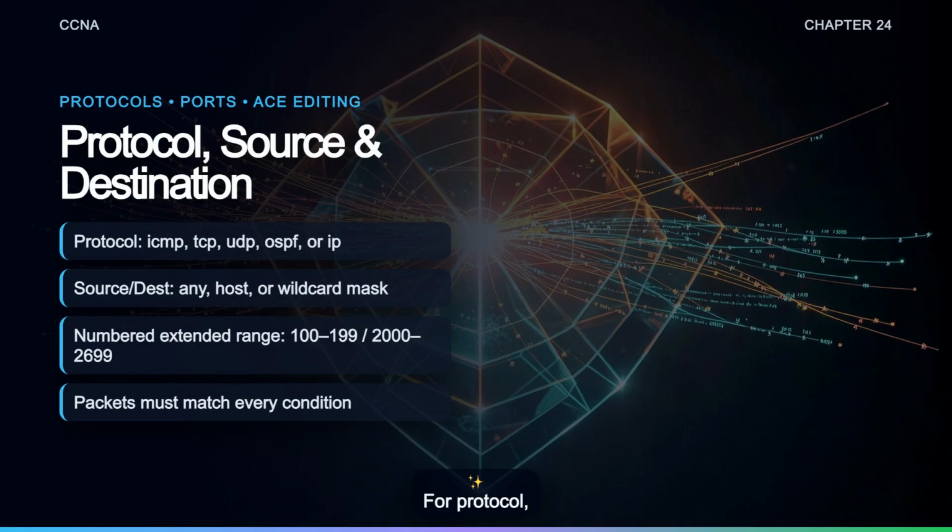For protocol, specify ICMP, TCP, UDP, OSPF, or IP to match all IPv4 regardless of payload. For source and destination, use any for all IPs, or host followed by an IP address for a single address. With these three parameters, you can write precise rules.